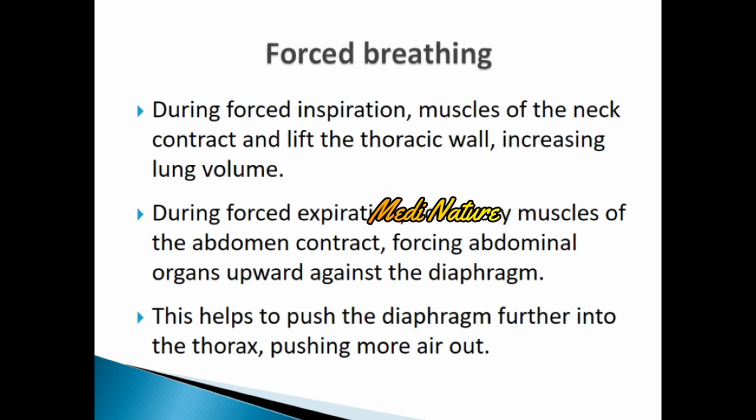This increases the lung volume more than in quiet breathing. During forced expiration, accessory muscles of the abdomen also contract, which force the abdominal organs upwards against the diaphragm. This helps to push the diaphragm further into the thorax, pushing more air out.